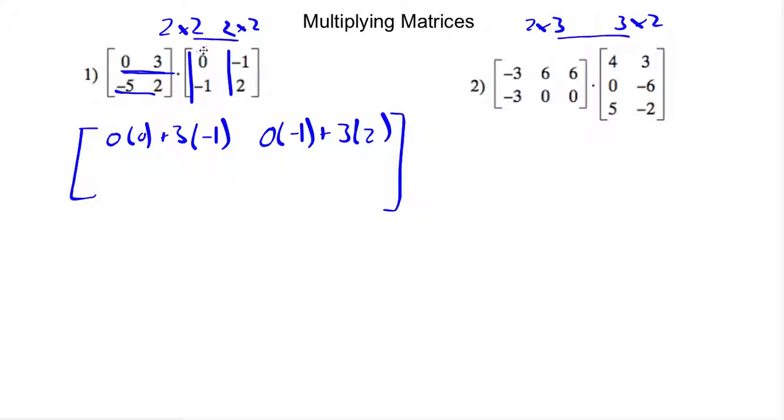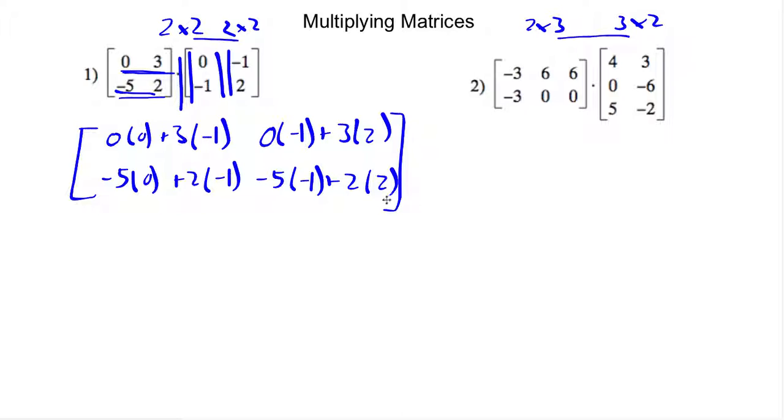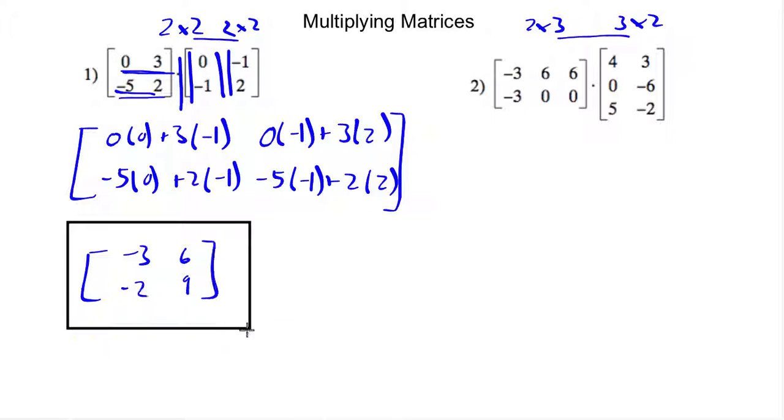The second row times the first column is negative 5 times 0 plus 2 times negative 1. And then the second row times the second column is negative 5 times negative 1 plus 2 times 2. So we add these together, so we get negative 3, 6, negative 2, and finally 5 plus 4 is 9. Those are the answers there.